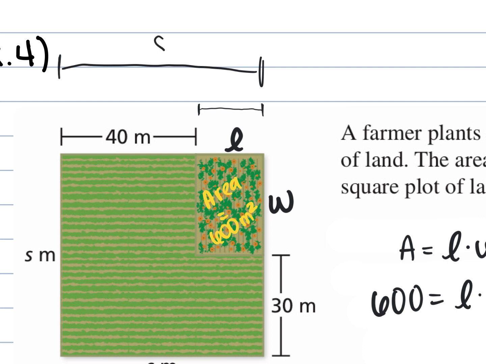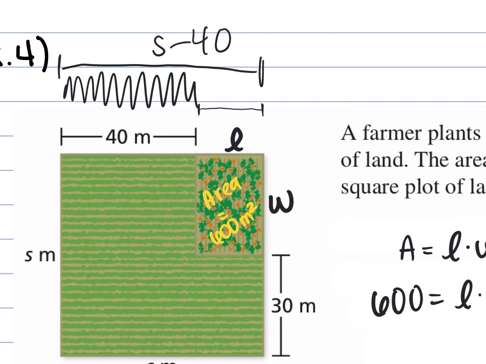And if you subtracted 40, what would you be left with? L. The length. So hold on. You guys agree that I can represent the length as S minus 40, the entire plot of land, minus the 40 that we already know? Yes. Okay.